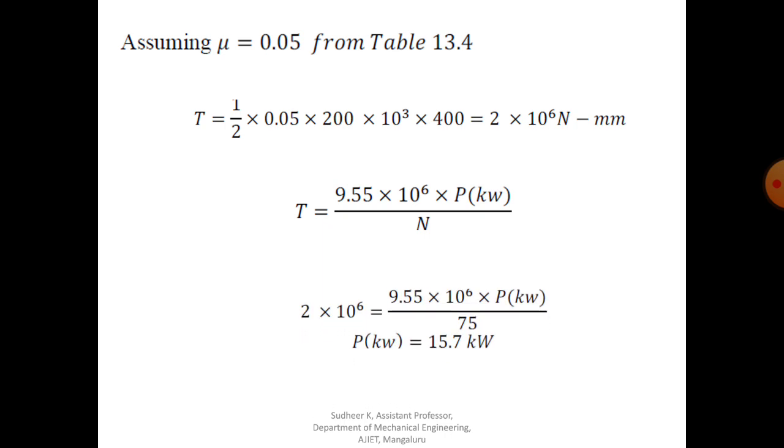Now you can substitute: 2 into 10 to the power 6 is equal to 9.55 into 10 to the power 6 into P in kilowatt. So it should be in kilowatt. You will get 15.7 kilowatt. So this is the second question, the power lost.